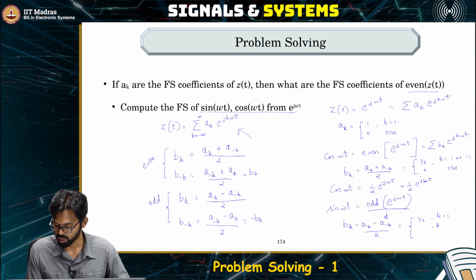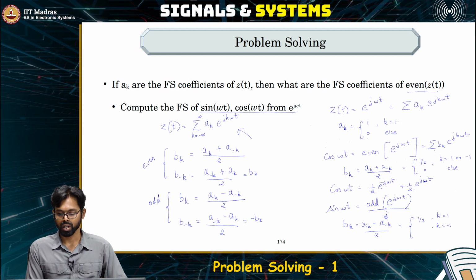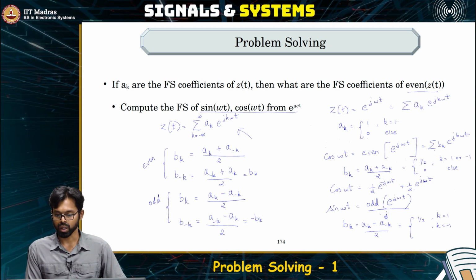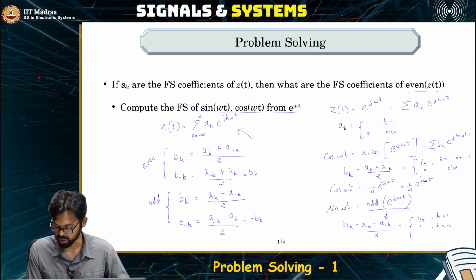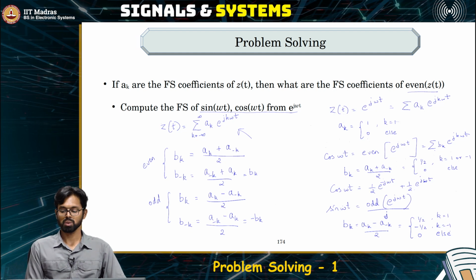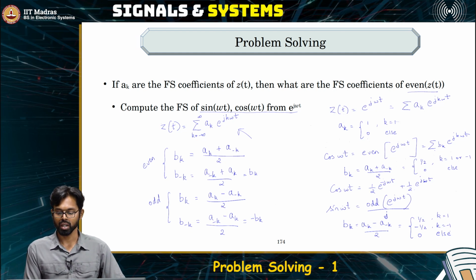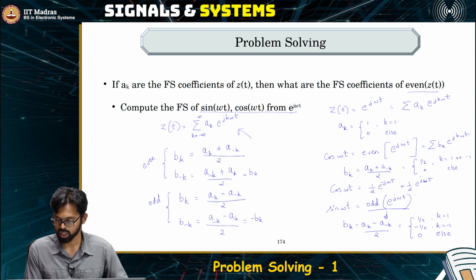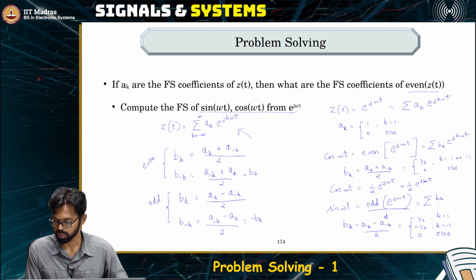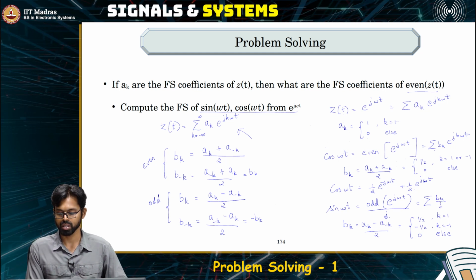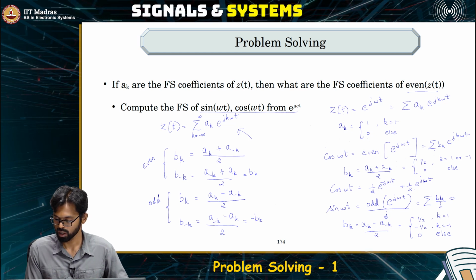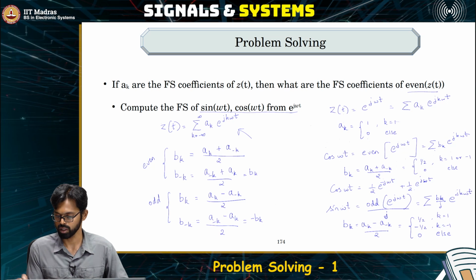And when k is equal to minus 1, you get a minus 1, which is 0, minus of a1. So a1 is 1, so minus of a1 is minus 1 by 2, and 0 elsewhere. Okay. So this is the relationship that we get for sine omega t. So what is the coefficient now? The coefficient is now bk divided by j. So remember there is a j here. Bk divided by j times e power j k omega t.